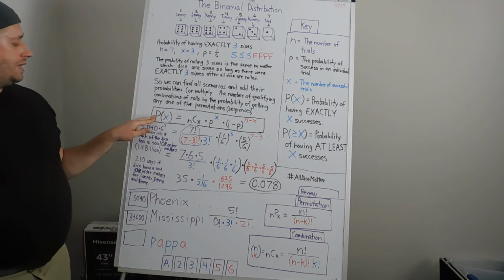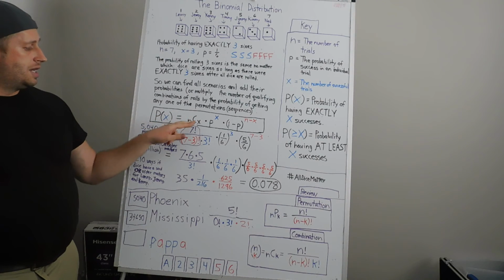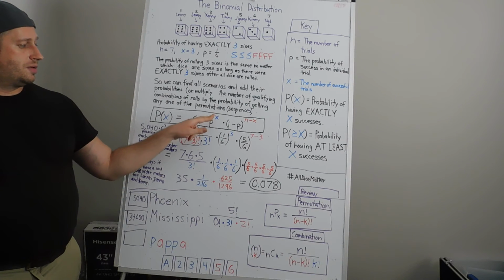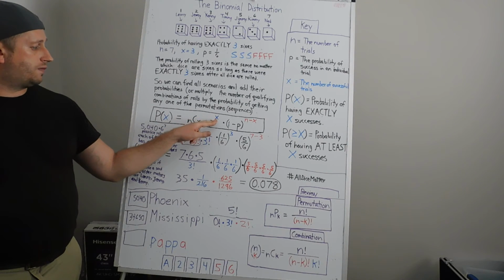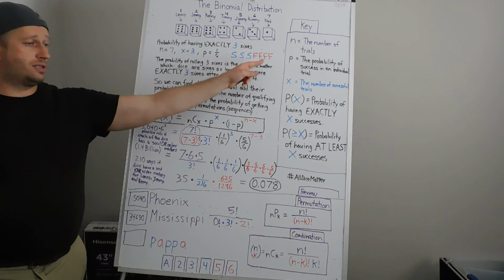This is the formula we get. The probability of x equals n choose x times the probability of getting a 6 raised to the number of successes we're looking for, which is 3, times 1 minus the probability of getting a 6, because the other ones are not 6s.